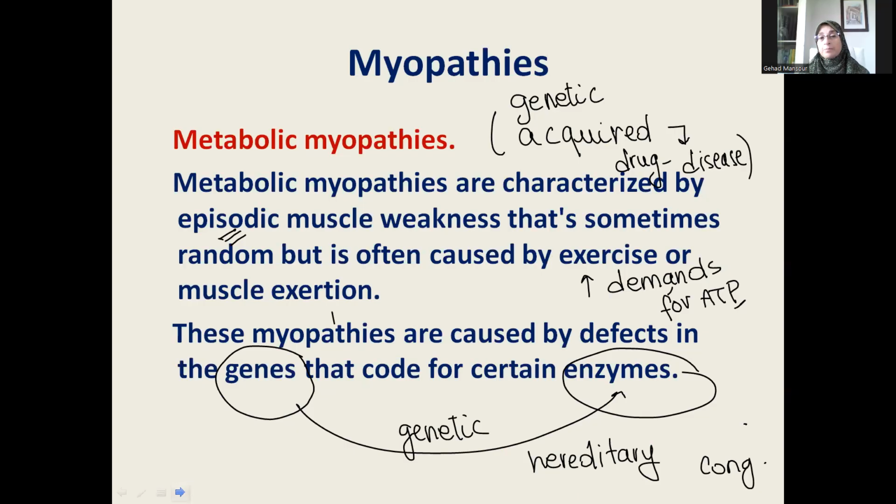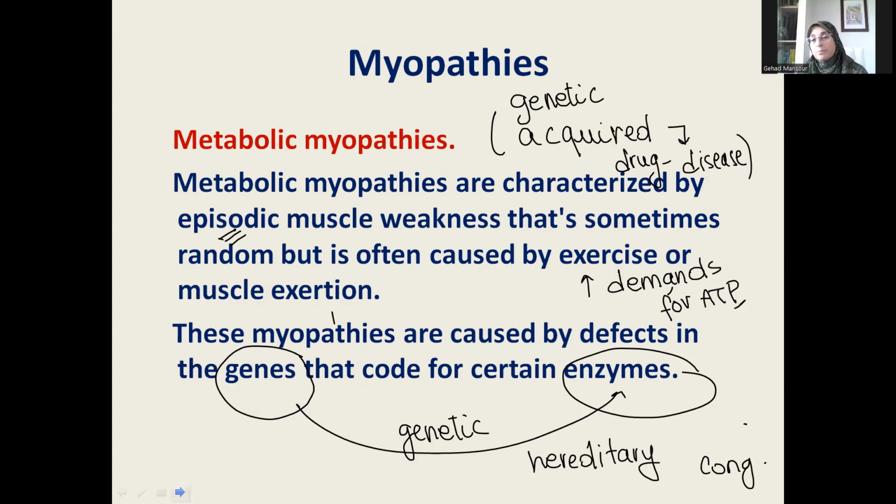In metabolic myopathies, you have a mutation in the gene that codes for enzymes that are important for the production of ATP. Production of ATP can occur in the cytosol, in glycolysis for example, and mostly in the mitochondrion.